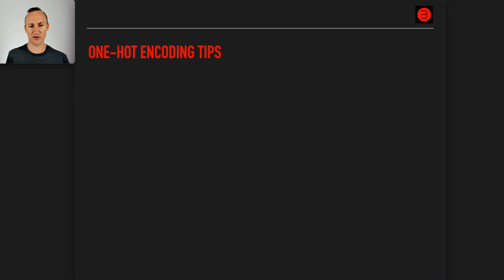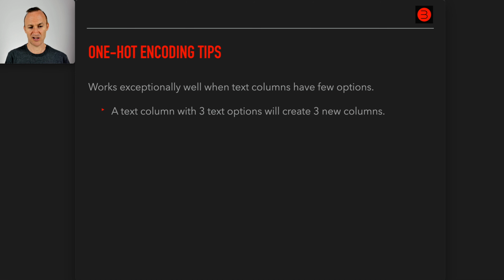Okay, some one-hot encoding tips. It works exceptionally well when text columns have few options. For instance, a text column with 3 text options will create 3 new columns. However, a text column with 1,000 text options will create 1,000 new columns.